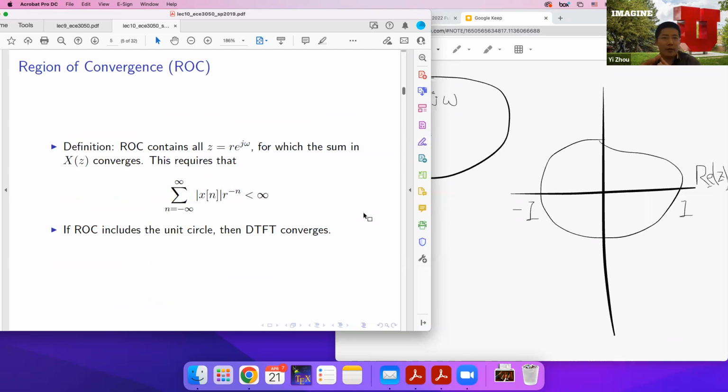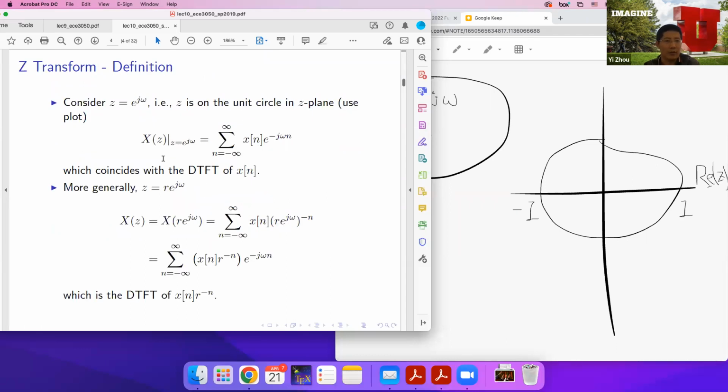Then we also need to talk about, again, the most important concept, the region of convergence. Here the region of convergence is defined in the same way as for the Laplace transform. It's basically all the values of z such that this summation will converge.